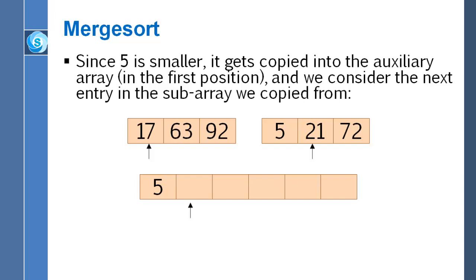Okay, so now we're considering 17 from the first half, and we're considering 21 from the second half. We compare those 2 numbers, discover that 17 is the smaller of the 2, and therefore we copy 17 into the auxiliary array.